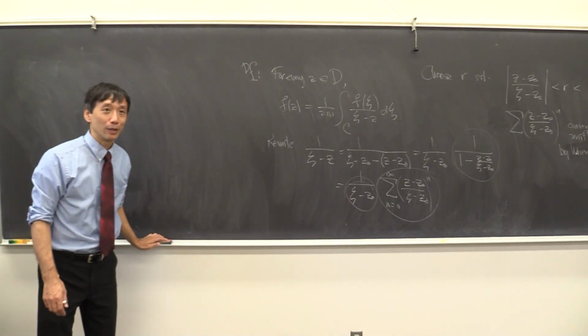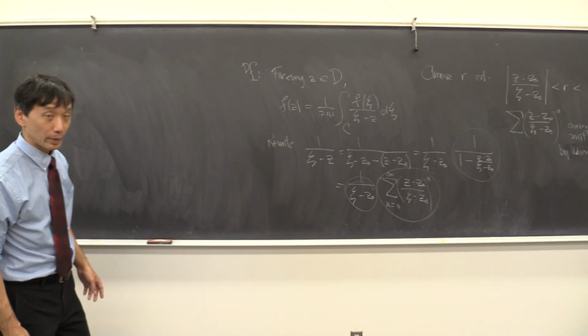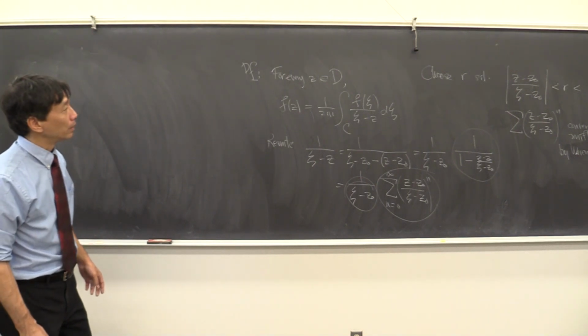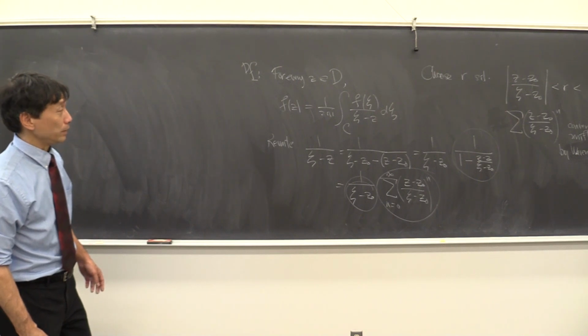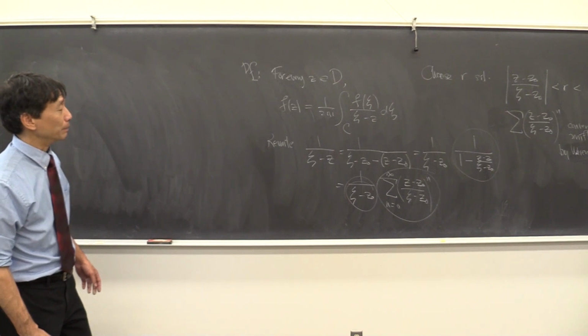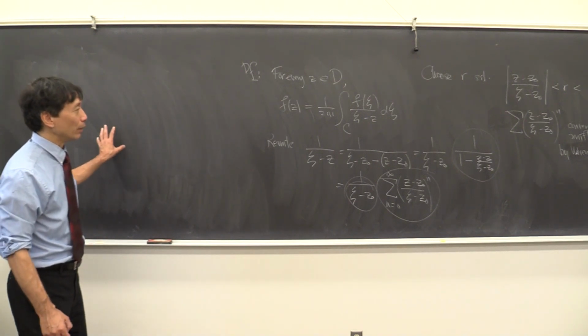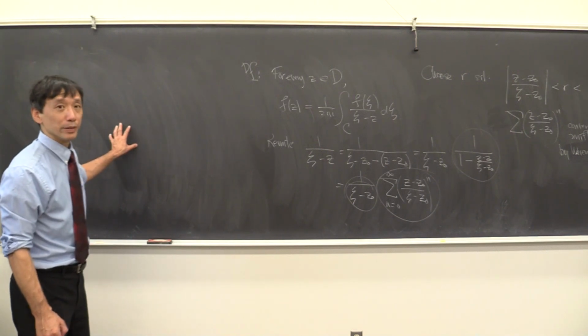Yes. And so, is this a way to prove Taylor series, or would it be a circular argument? What this is saying is that every holomorphic function has a power series expansion.